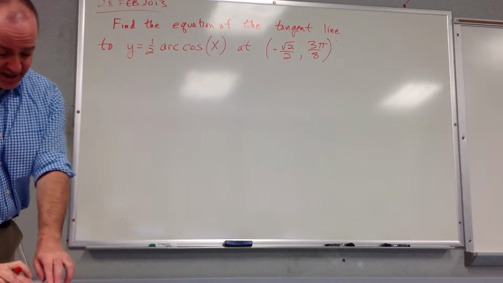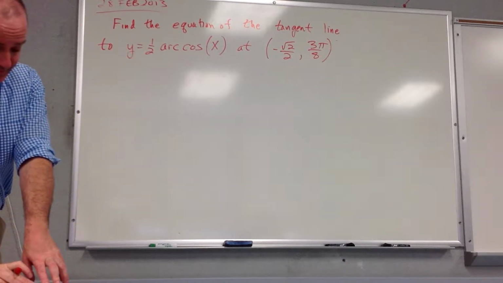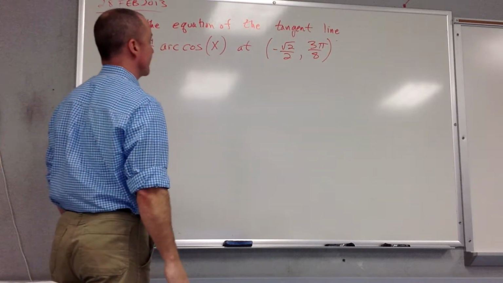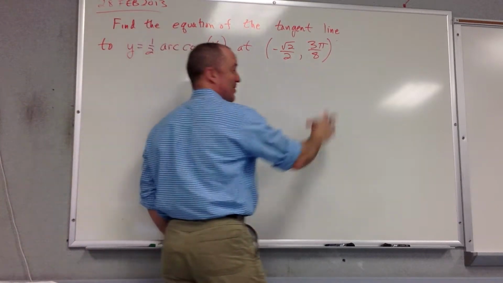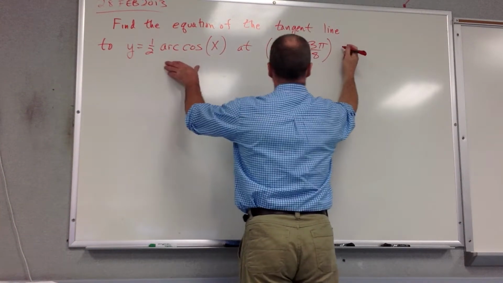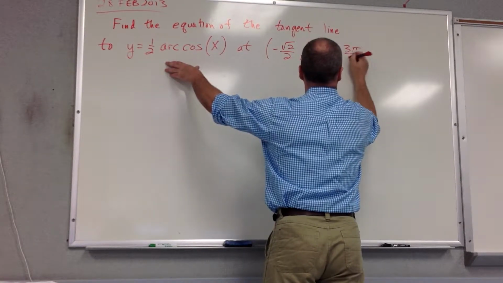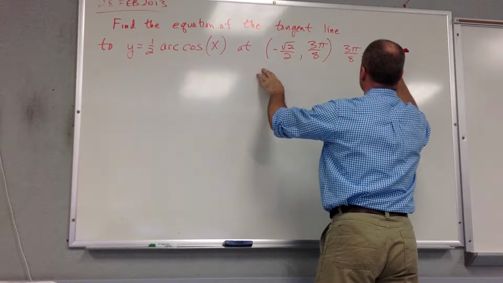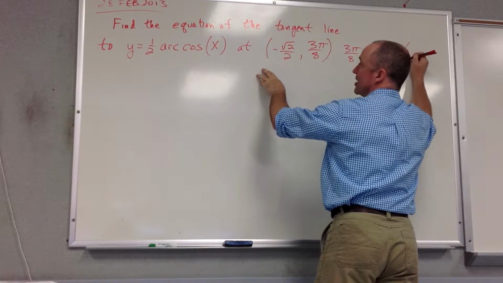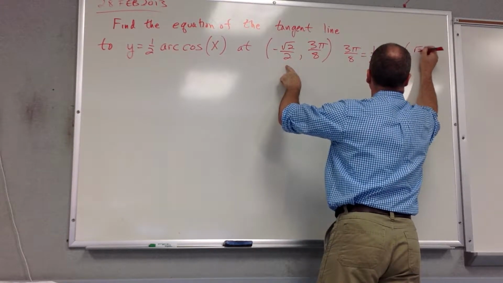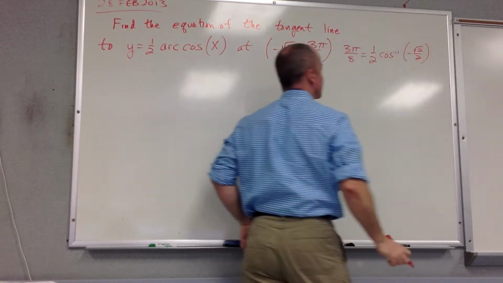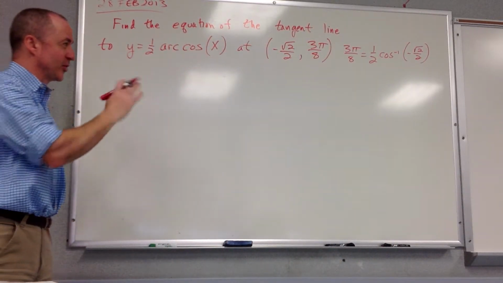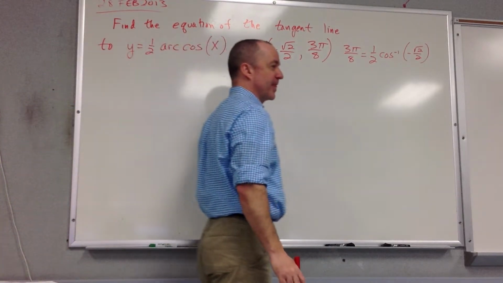I'm triple checking now. 1/2 inverse cosine x, negative root 2. Okay, does this one work? You want to trust me this time? So 3 pi over 8 equals 1/2 inverse cosine of negative root 2 over 2. Okay, where is cosine negative root 2 over 2? Now let's go with the principal value, the first one on the unit circle we hit.